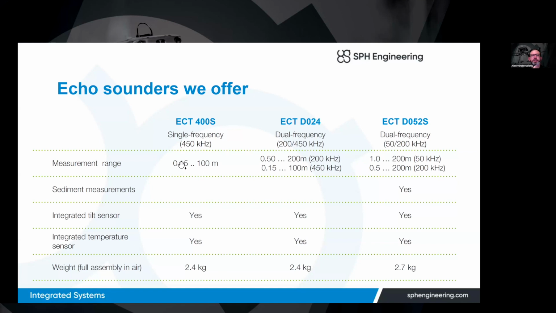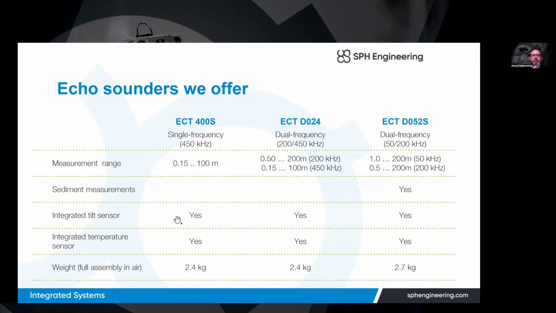That's the measurement range for the device, and to get a practical minimum depth, you need to add at least 10-15 centimeters because the echo sounder during measurements should be submerged in the water.